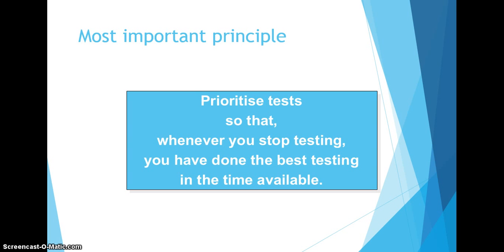So when you decide that we have done enough testing and we are stopping to test further, you will have done the best possible testing in the time available. So you are prioritizing the most important tests first, and thereafter towards the end of the cycle you will be leaving out the functionalities which you don't think are most important as of now or at this moment of time, right?